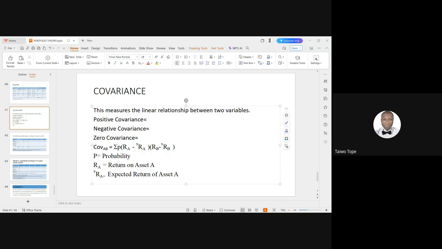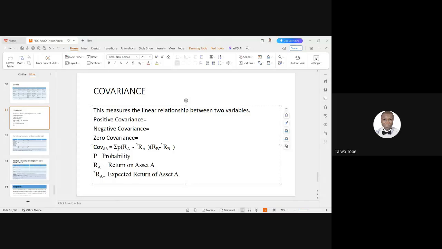Now, correlation shows the relationship between two variables with values ranging from +1, 0, or -1.